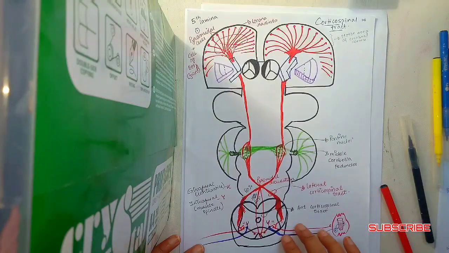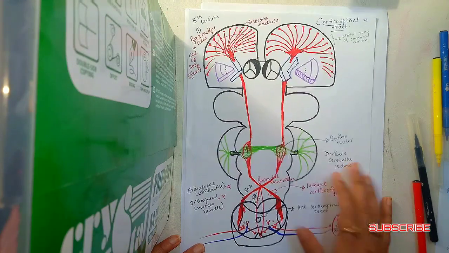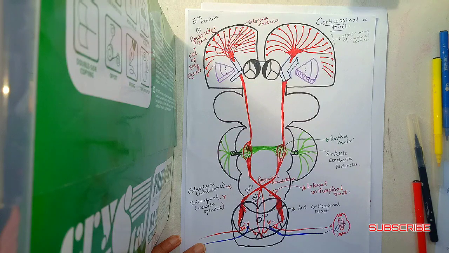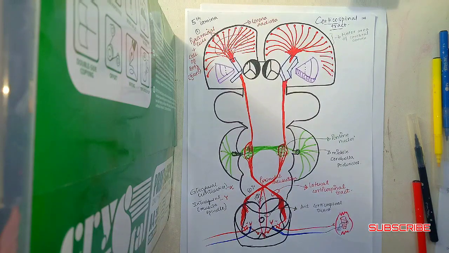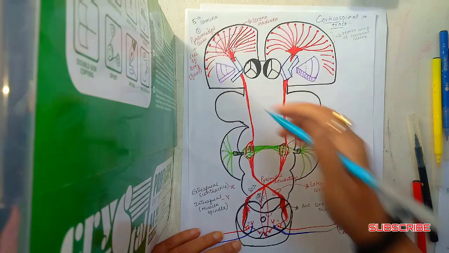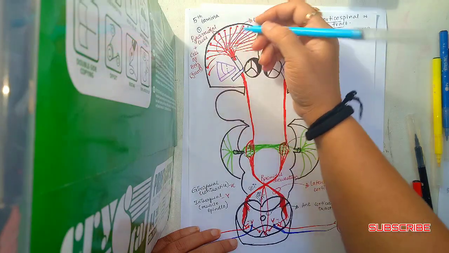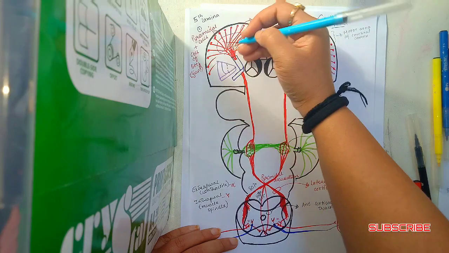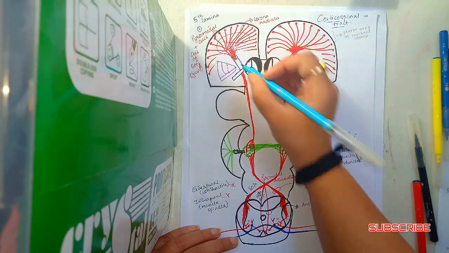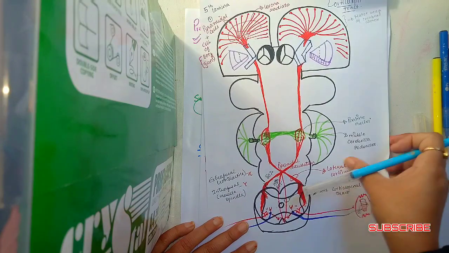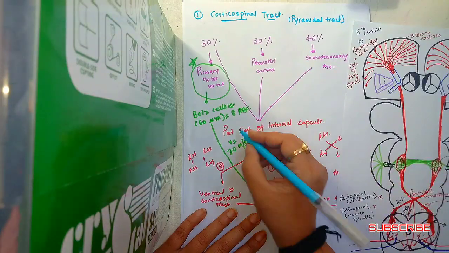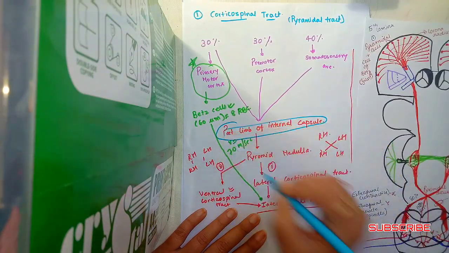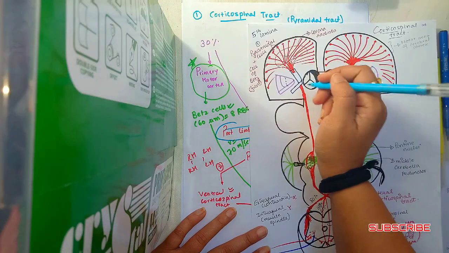Here we have a diagram of the corticospinal tract. So let's start with it. Here we have the pyramidal cells and the beta cells which go in the internal capsule. Here you can see what I have written: posterior limb of internal capsule, right? So this is the capsule.